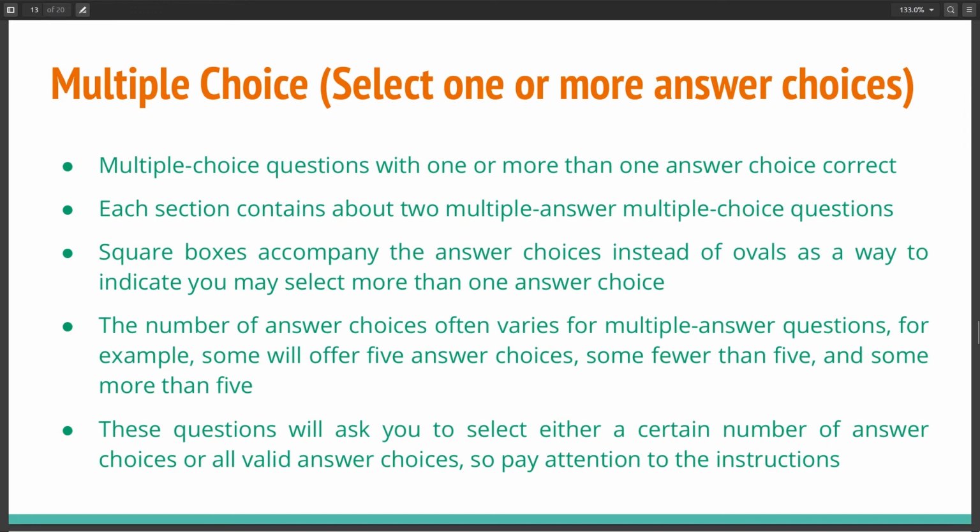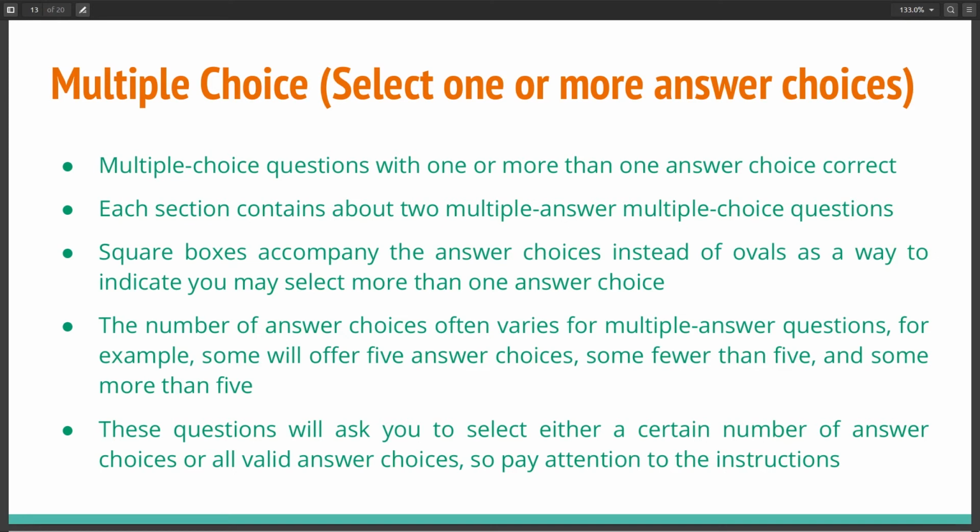Okay, so MCQs, multiple choice questions with one or more correct answers. This has one question and one or more possibly correct options. Each section contains 2 MCQs with multiple answers.